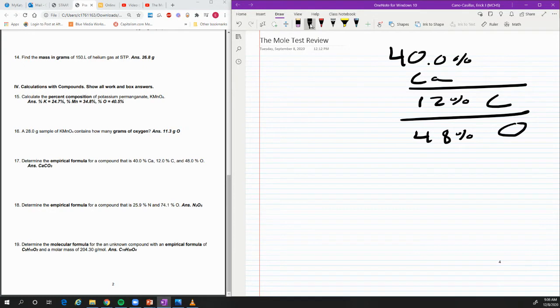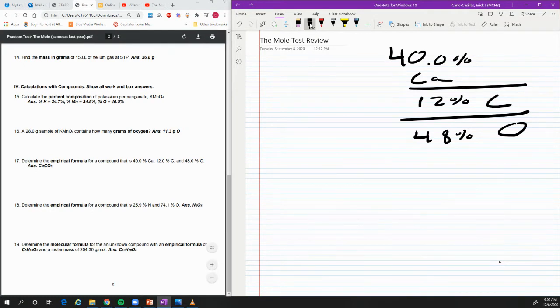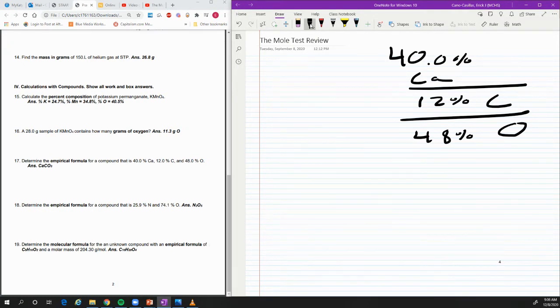Remember, for these we want to treat these percentages like grams. So really, we have 40 grams of calcium, 12 grams of carbon, and 48 grams of oxygen.